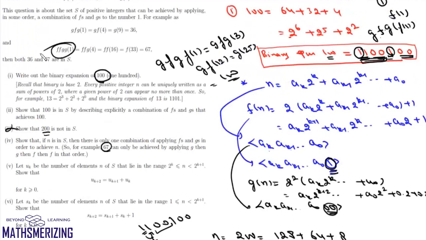Now part 5 is: let uk be the number of elements n of S that lie in the range 2 to the power k and 2 to the power k plus 1. We need to show that uk+2 is equal to uk+1 plus uk. So we are given the number of numbers that lie in between 2 to the power k and 2 to the power k plus 1.